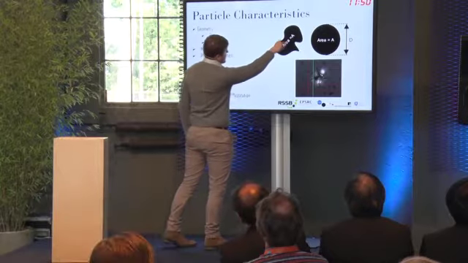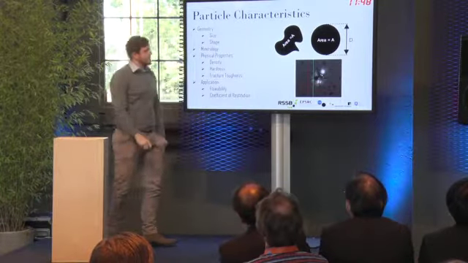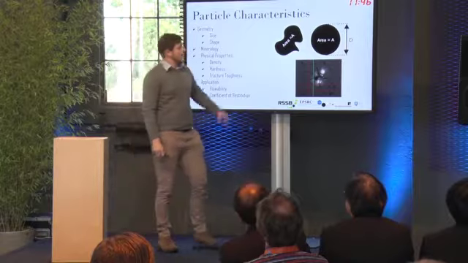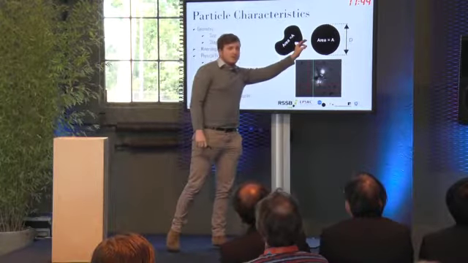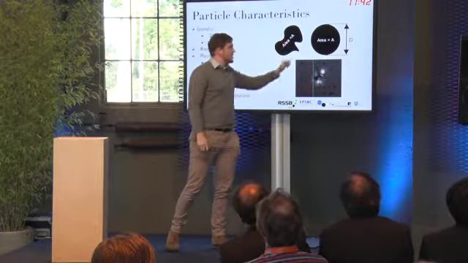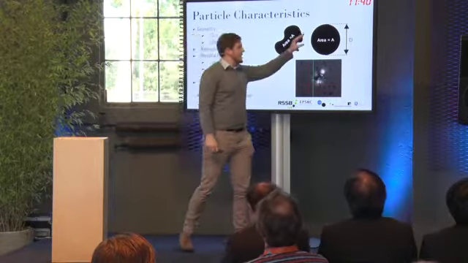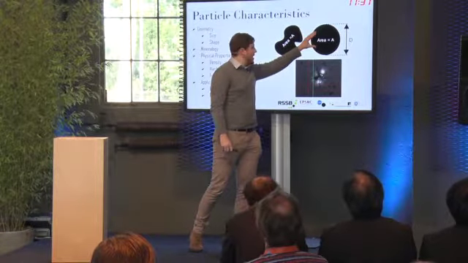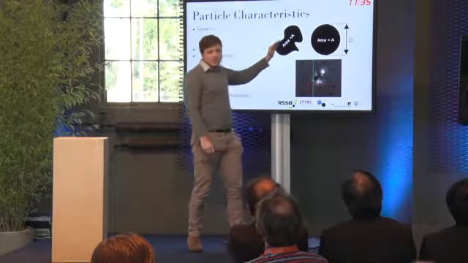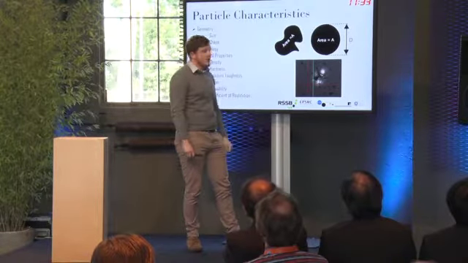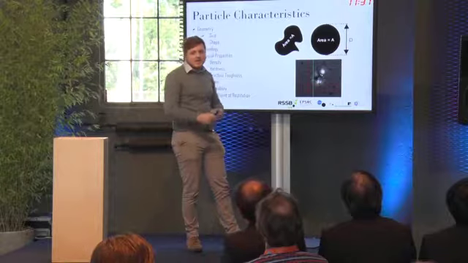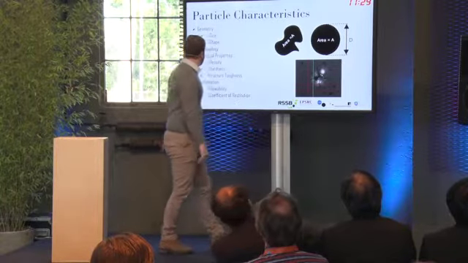If you imagine this is my particle, beautifully drawn as it is, you could compare it to a circle with equivalent area to this particle, and from that you can work out the sphericity by comparing this circle to the actual particle, and also the circle equivalent diameter as a size measure.